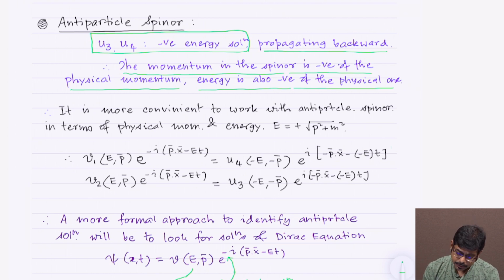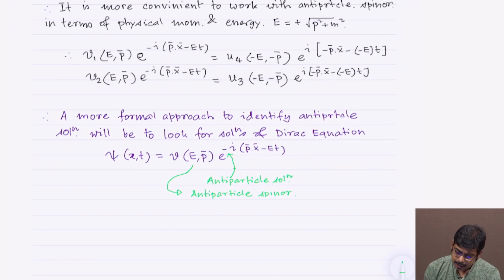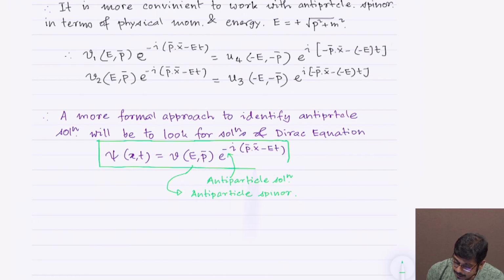So, without going into further details, let me express this: instead of writing the solution as u(E,p) e to the power minus i(p·x minus Et), if I write the solution psi(x,t) equal to v(E,p) e to the power minus i(p·x minus Et), then essentially this corresponds to an antiparticle solution, and this spinor v(E,p) will be the antiparticle spinor.